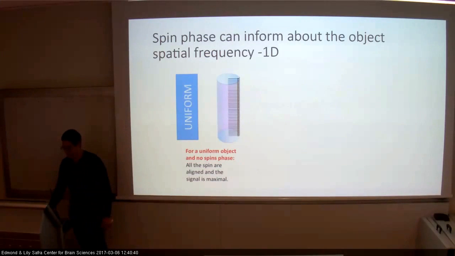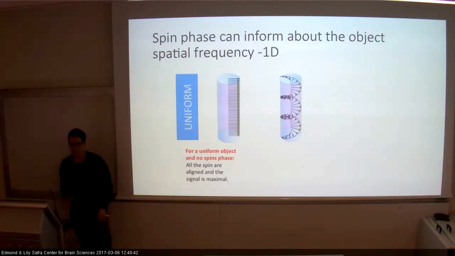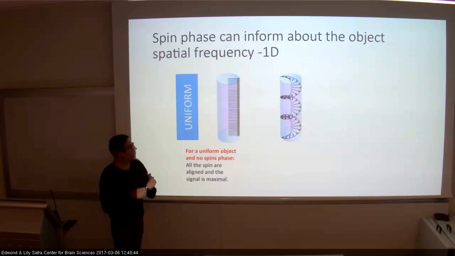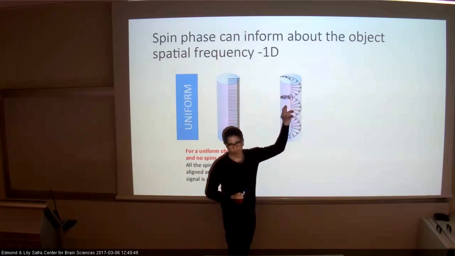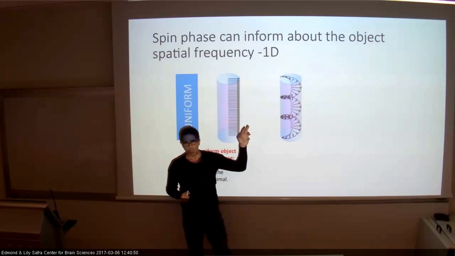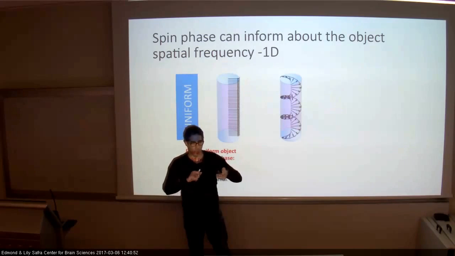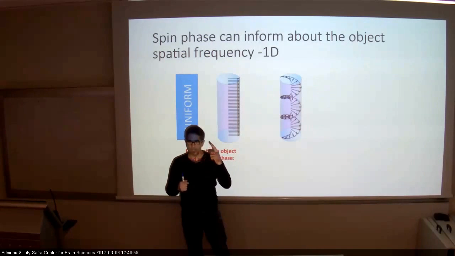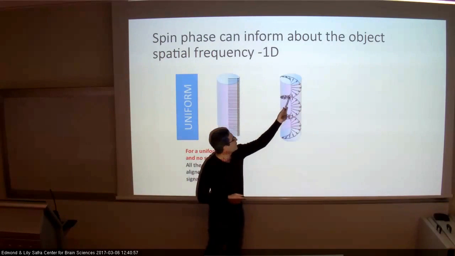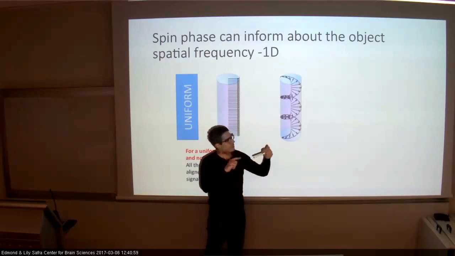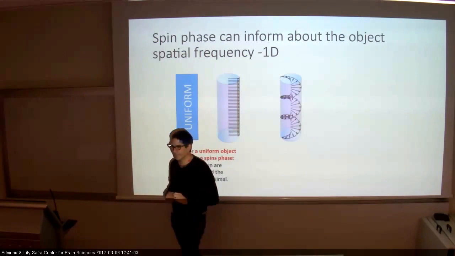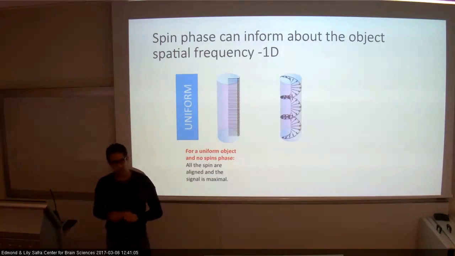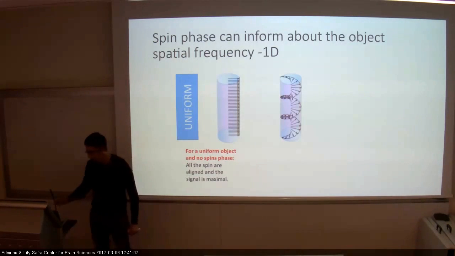And then what will happen if I start to create a phase to those spins? Remember, we can create phases, right? So what would happen now to my signal? You remember our gradient? They create phase to those spins. So now, let's think about only that for a second. What will happen? It would sum to 0, so it will be cancelled.